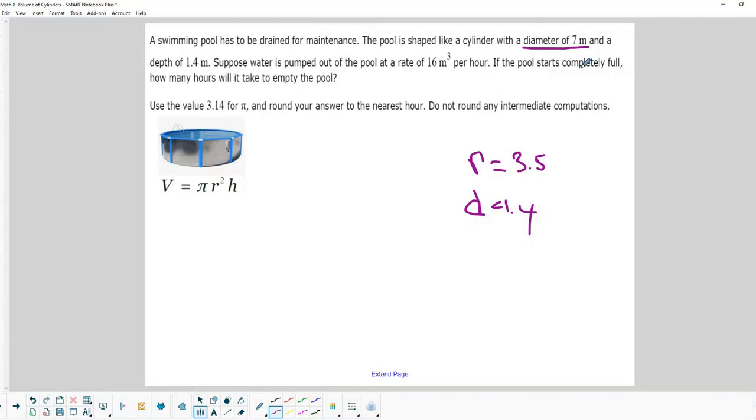Well, first of all, we've got to find out how much water is in the pool. So the volume is 3.14 times 3.5 squared times 1.4.